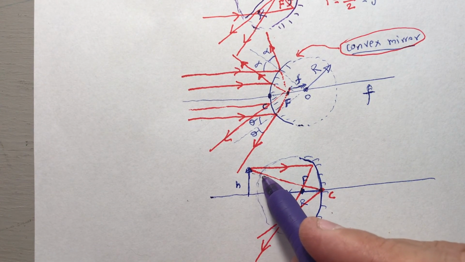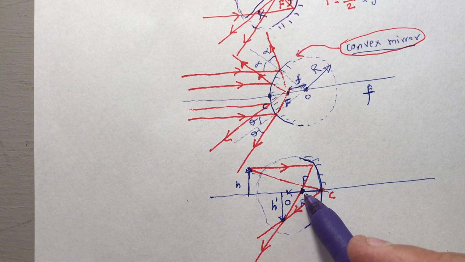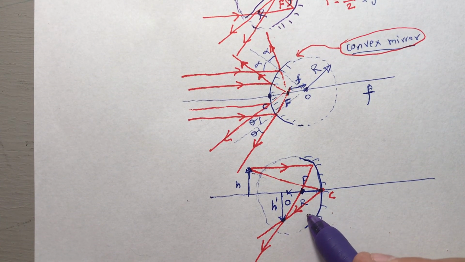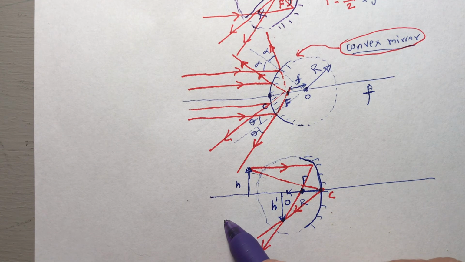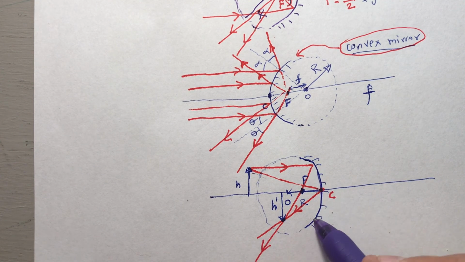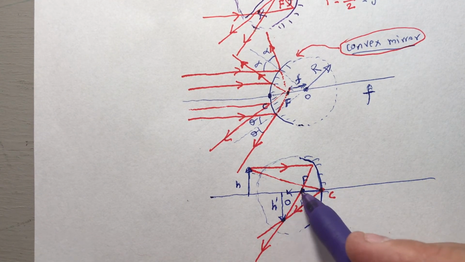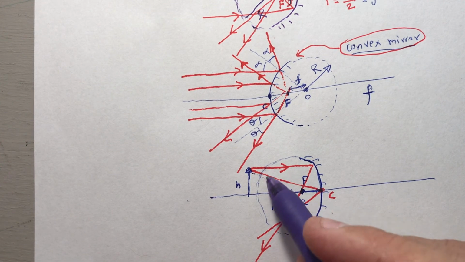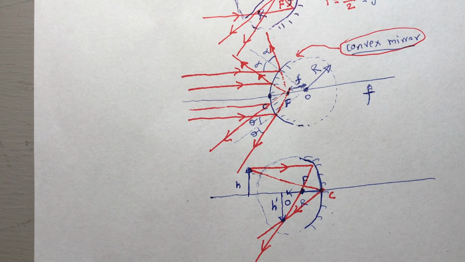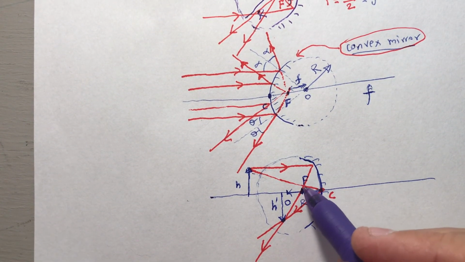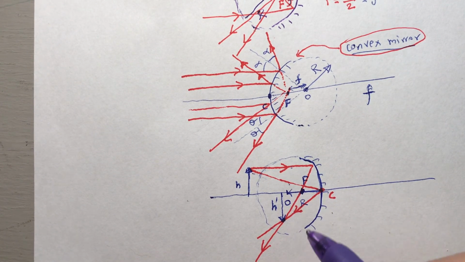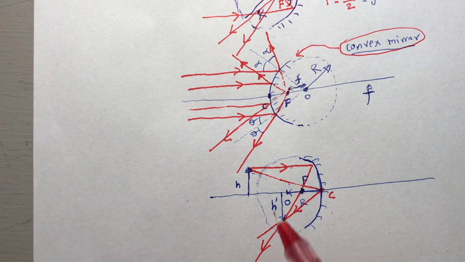It would hit the focal point and then bounce parallel. But because of the way I drew it, that third ray won't fit in the picture. So I'm using only these two red rays to form the image.